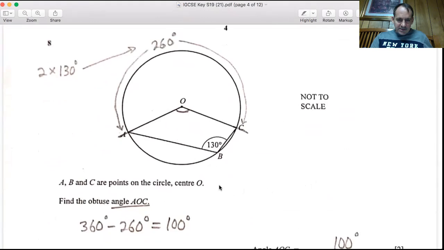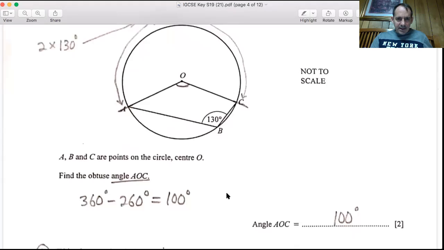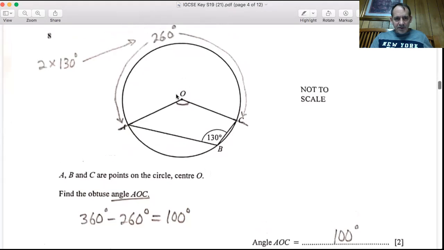No, I'm sorry, it wants this one in here. It wants AOC. It calls it obtuse because it's greater than 90. It's not this one. This one's part of your major arc. This is your minor one. It wants this one right here, the inner one, AOC.